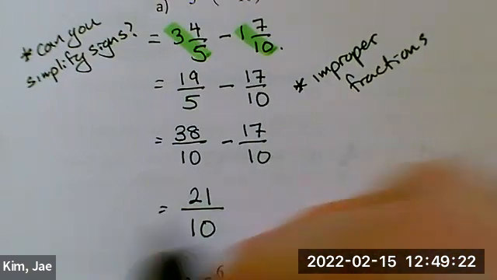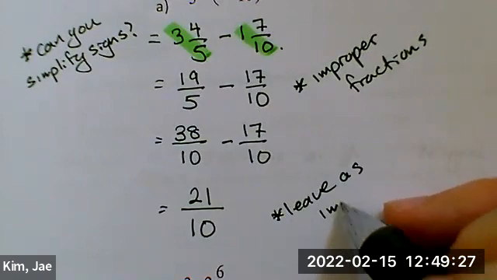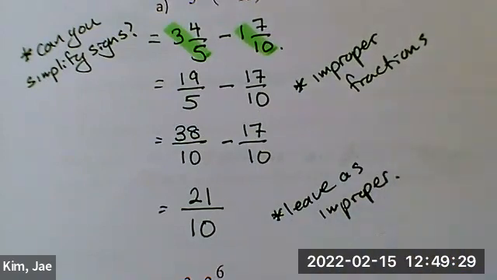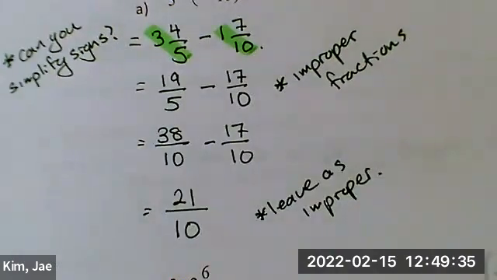Okay, and now right here, leave as improper. Remember, from this point on, you never have to deal with mixed again. Even in our assignment on Thursday, remember I showed you how you need to bring it in terms of feet and inches. When you write it down as a mix, I'm going to force you to turn it into an improper.